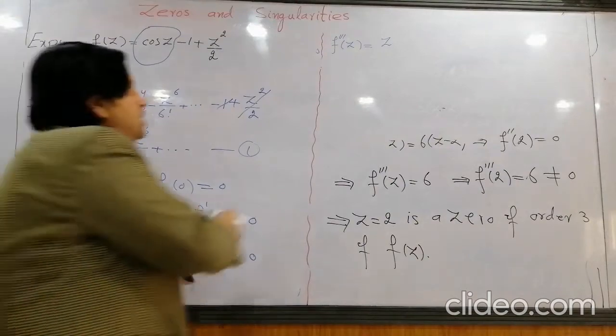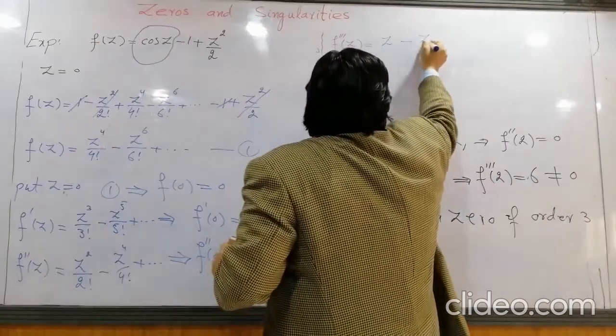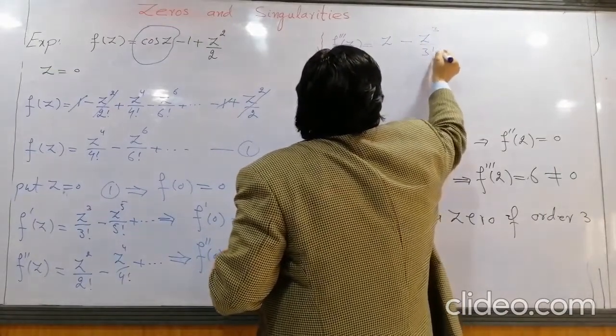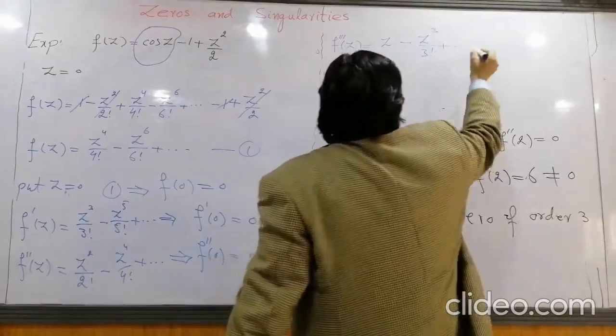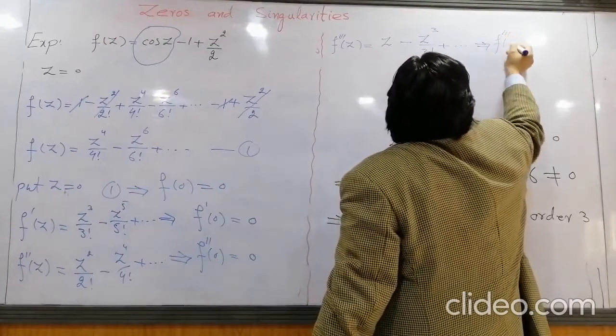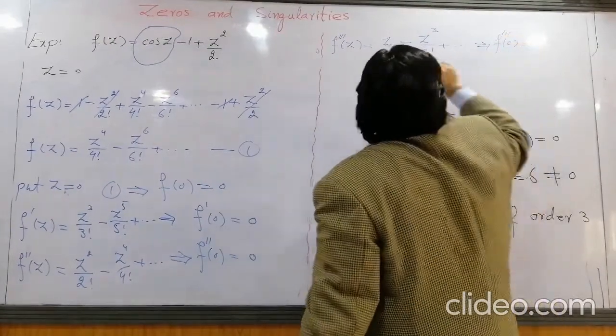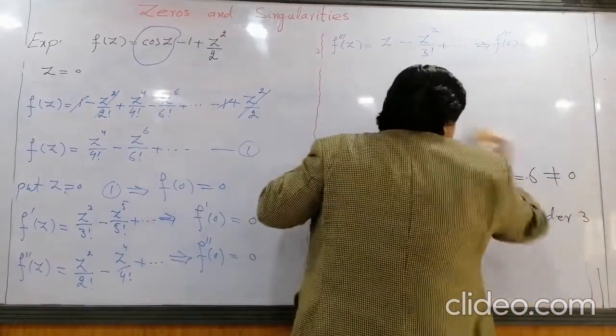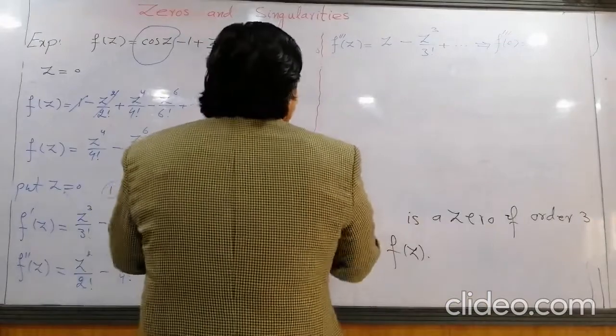And minus z cube divided by 3 factorial and plus up to so on. And now if I put z is equal to 0, I will get that this is equal to 0. So I have to differentiate it again.